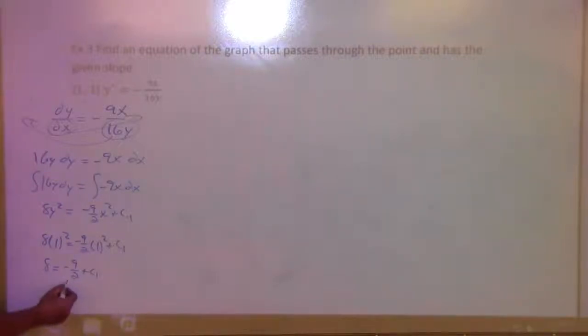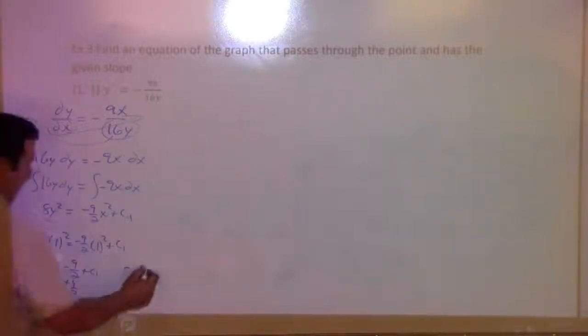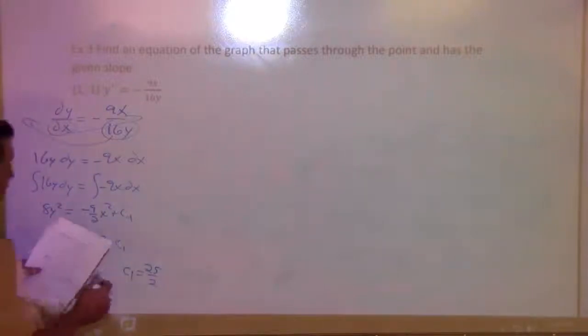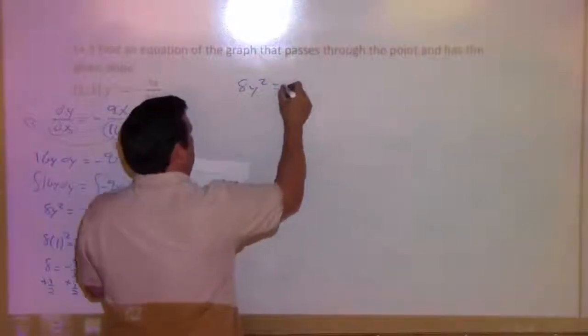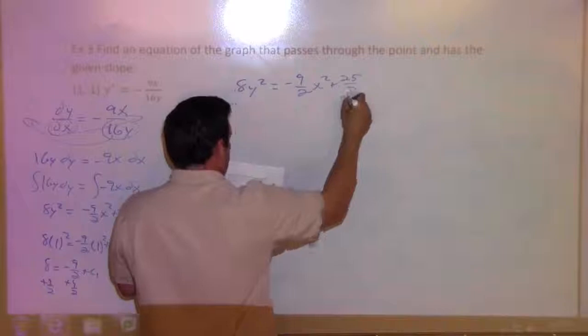If we add 9 halves to both sides, c1 equals 25 halves. So we have 8y squared equals negative 9 halves x squared plus 25 halves.